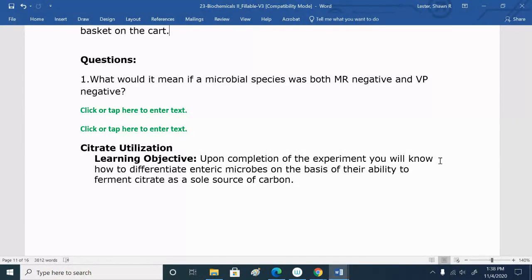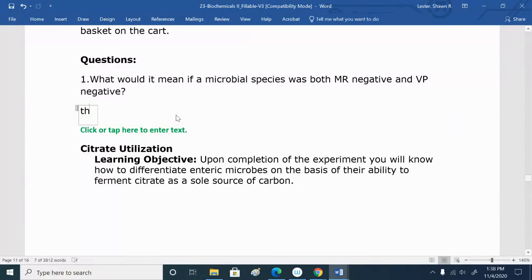Any ideas? Can't use glucose. Is it an obligate anaerobe?